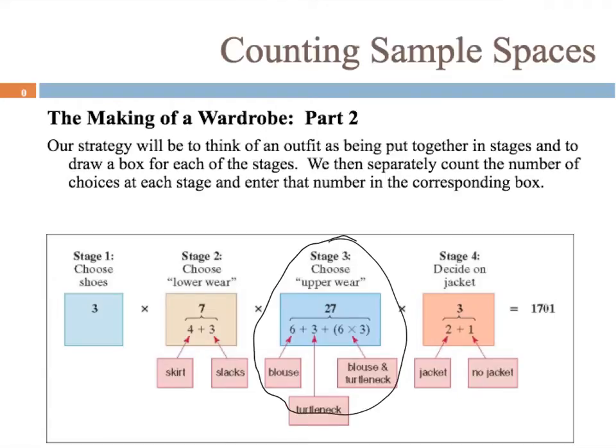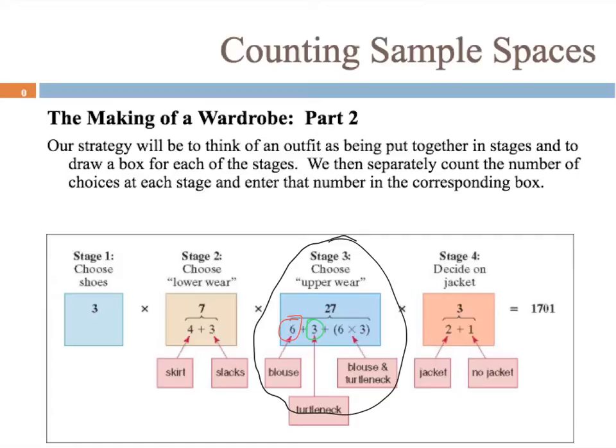So the 6, where it says blouse, so just a minute here, let me get the highlighter. I'll just circle it. So this 6 right here represents the 6 possibilities of just wearing a blouse. So the 6 shirts available. And then the 3 represents the 3 possibilities of just wearing a turtleneck.